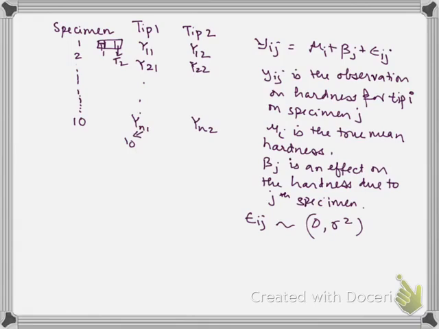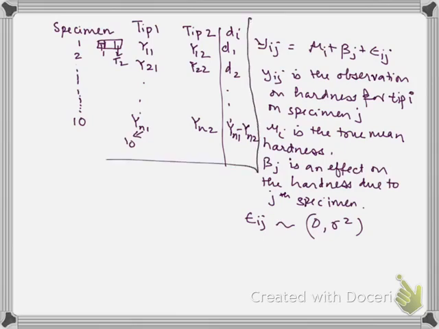So what we do here is we compare paired differences, di's, d1, d2, so it's basically yn1 minus yn2. And the rest of it is in your notes.